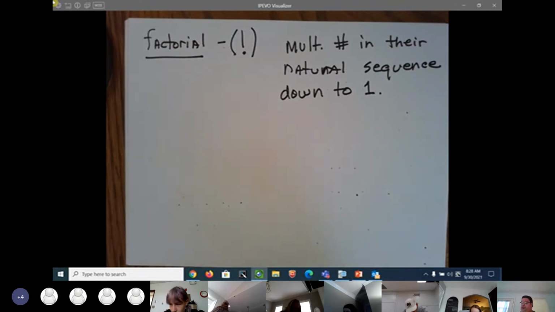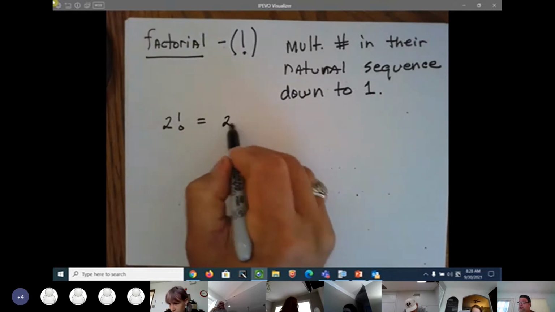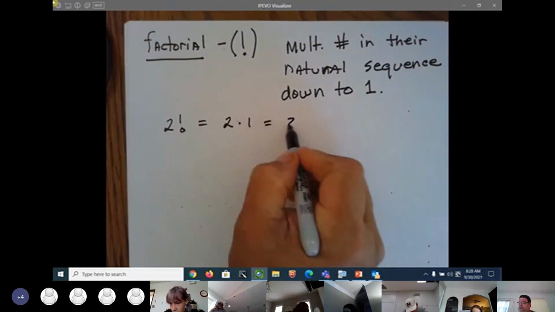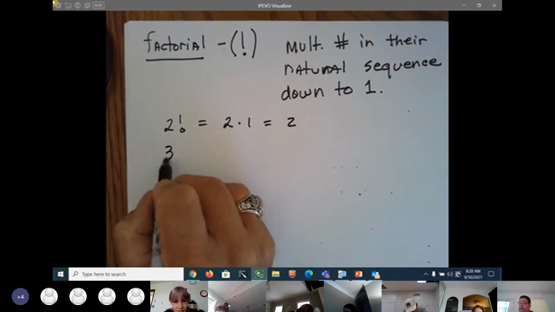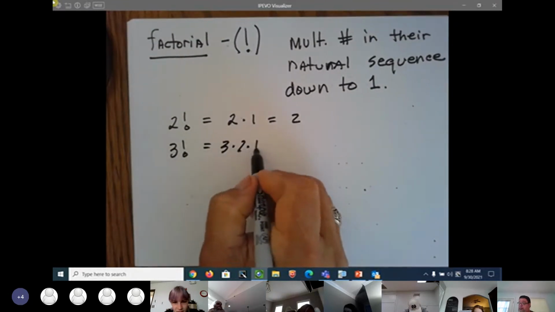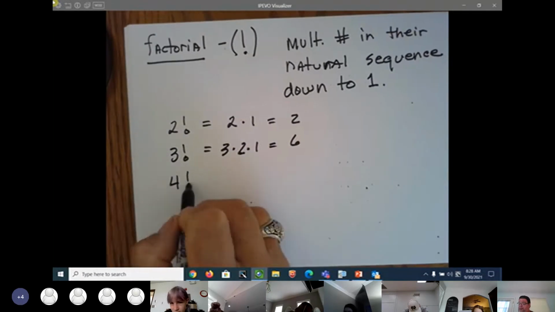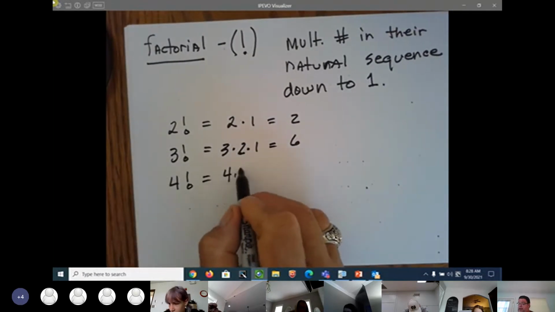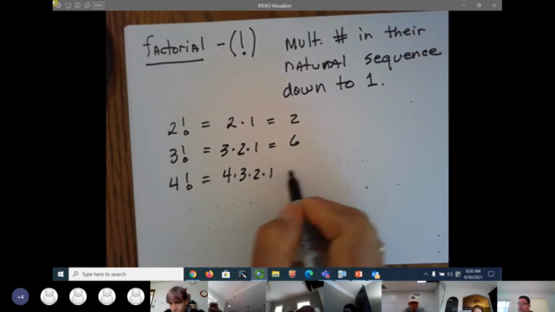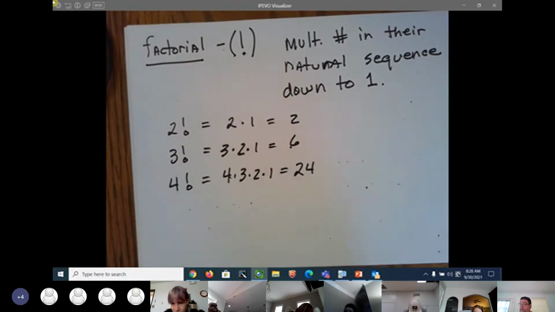So what is 2 factorial? 2 times 1. 3 factorial. 3 times 2 times 1. 4 factorial. 4 times 3 times 2 times 1. Or 4 times 6 is 24.